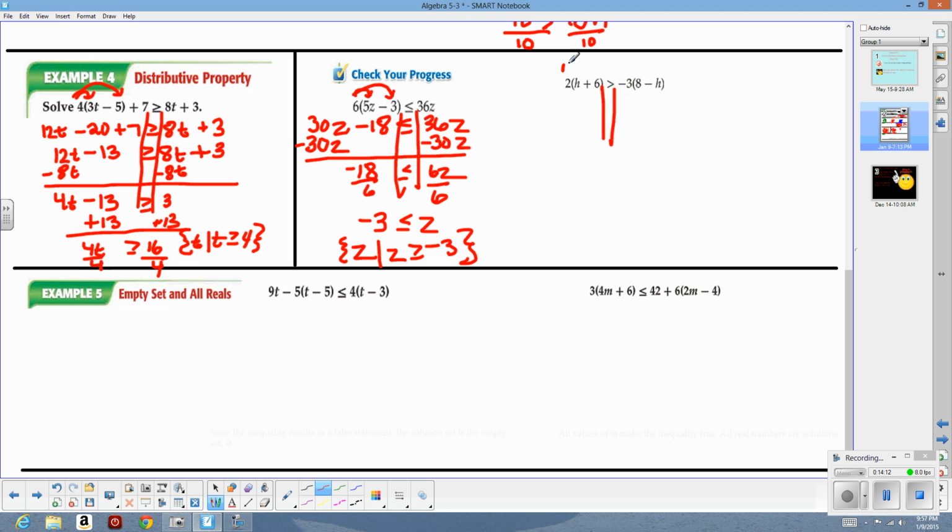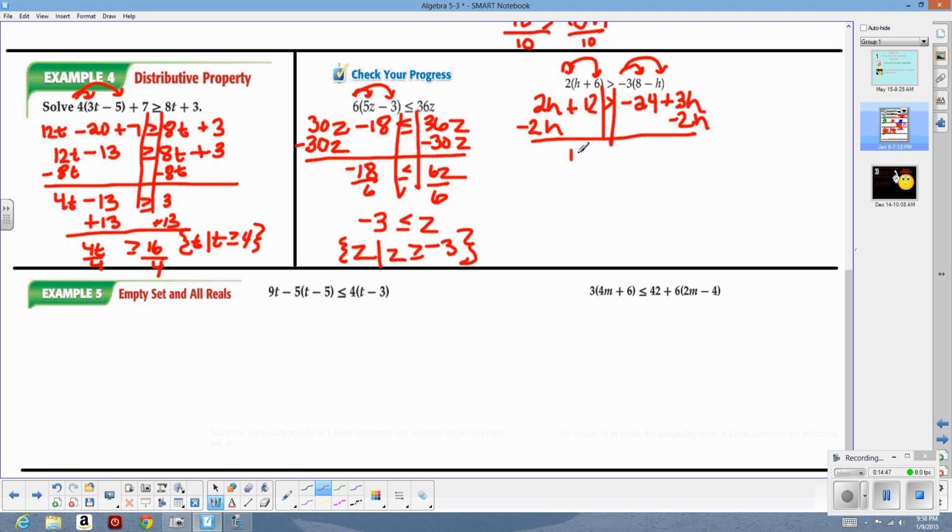Next up, 2 times h is 2h plus 2 times 6, which is 12, is greater than negative 3 times 8, which is negative 24. And then negative 3 times negative h is going to be a positive 3h. Now we need to get rid of either the 2h or 3h. I'm going to get rid of the 2h by subtracting 2h from both sides.